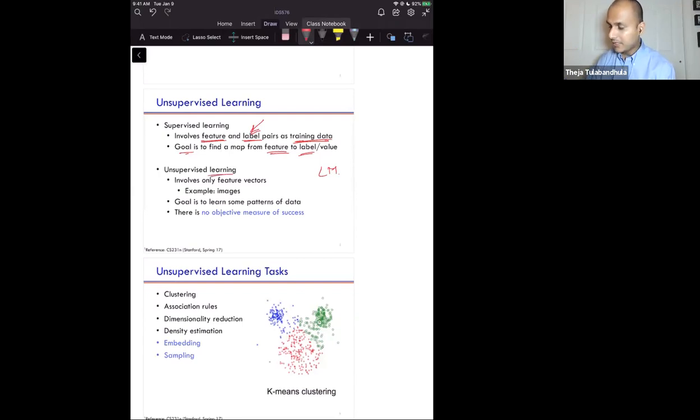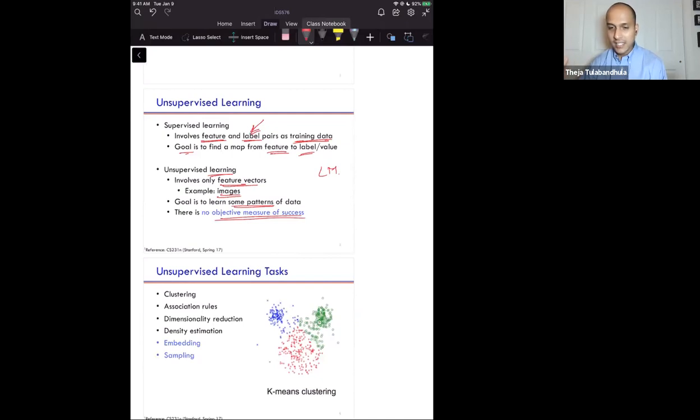But in general, in unsupervised learning, there's not going to be any labels, for example, the medical images that I was talking about. The goal is to learn some patterns of the data. Maybe you can cluster your data set, your images, into different types depending on their patterns. And more importantly, there's no objective measure of success. That's going to hold even for GANs and VAEs.